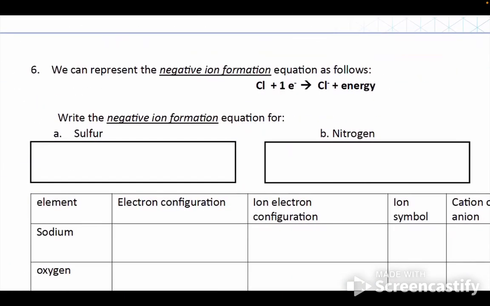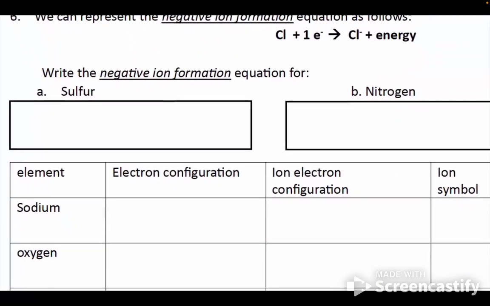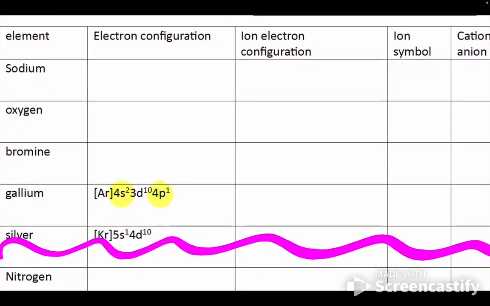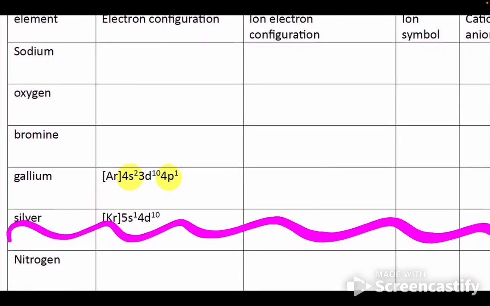Let me go down. This is the worksheet that went along with the reading. One thing you can do is skip the one that says silver, and let's do gallium. This one is a little weird, but here are your valence electrons. Remember, the highest n, which is 4, s and p electrons.